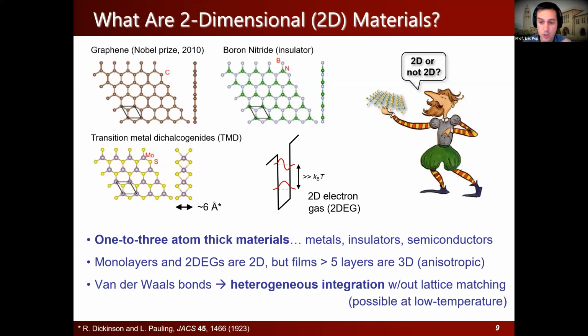They can be metals, insulators, semiconductors. I think films greater than about 5 layers are essentially 3D. They're anisotropic, but they're 3D materials. So it's really just the monolayers and maybe the bilayers that are very special from an electronic or optical point of view, at least for the kinds of applications that I will describe a little bit later.